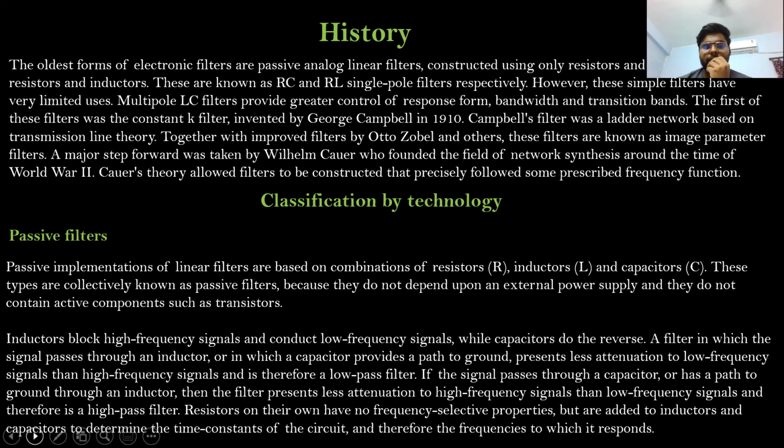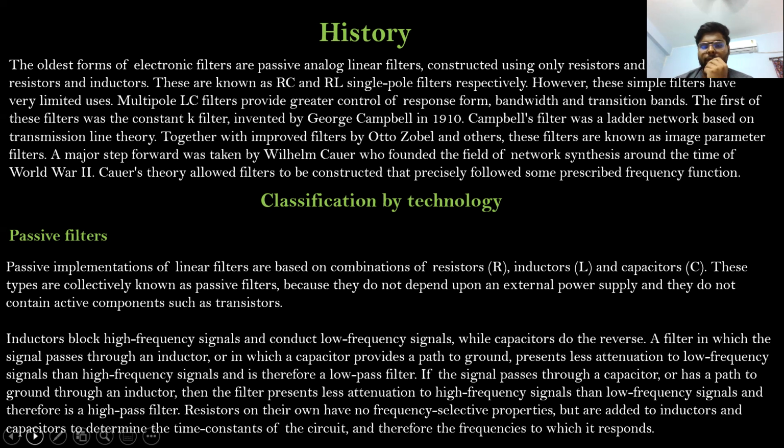A filter in which the signal passes through an inductor, or in which a capacitor provides a path to ground, presents less attenuation to low frequency signals than high frequency signals, and is therefore a low pass filter. If the signal passes through a capacitor, or has a path to ground through an inductor, then the filter presents less attenuation to high frequency signals than low frequency signals and therefore is a high pass filter.